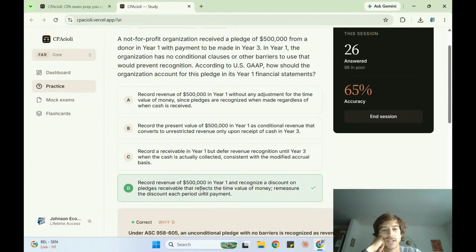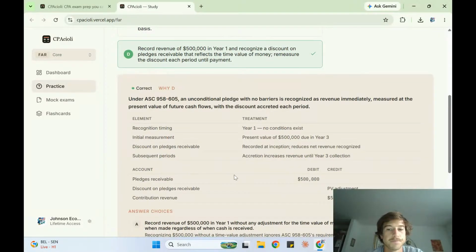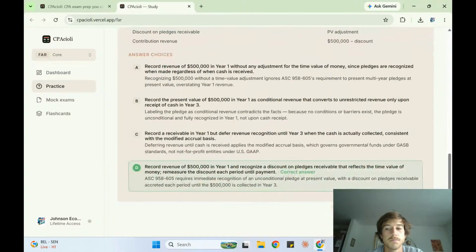I think it's D. Yeah, it's just kind of something you've got to memorize. An unconditional pledge with no barriers recognizes revenue immediately because it's unconditional, and it's measured at the PV of future cash flows with the discount accrued each period. Cool.